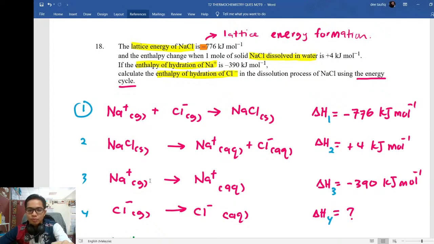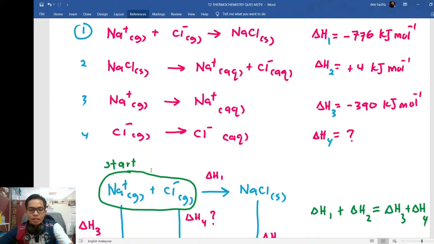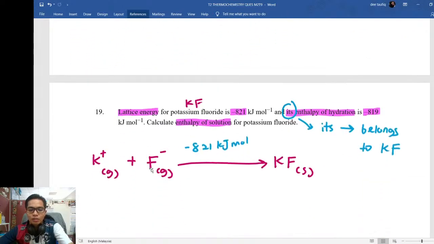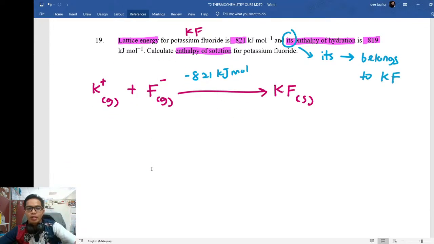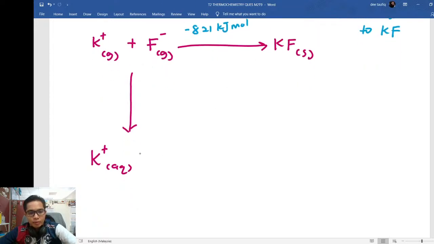Dia specific kat situ. But for question number 19, dia lebih general. Dia terus kepada its enthalpy of hydration. Dia straight away terus kepada KF. Combine dua-dua sekali. So these two combine. It will straight away produce K plus aqueous and F minus aqueous.